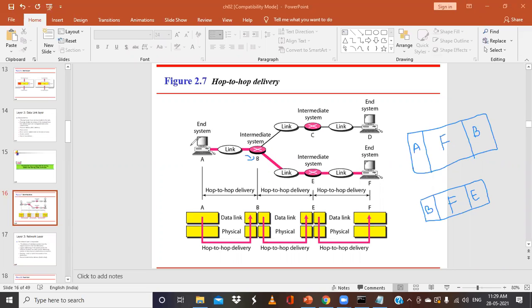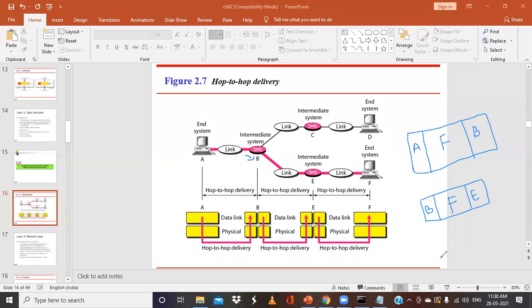It just wants to send the frames from the current system, A, to the next system. What is the next system? B. And from B, the next system is E. But actually the data has to be transferred from A to F; the data link layer is responsible only for sending the frame from one hop to the next hop. And from B it will reach E.